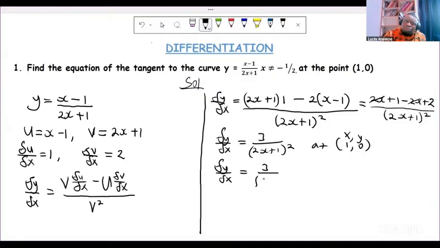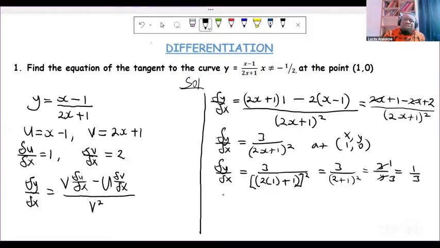So this becomes 2 times our x, which is 1, plus 1, all carrying a power of 2. So this is 3 over 2 times 1 is 2, then plus 1, squared. So this is 3 over 3 squared, which is 9. So 3 can go into 9 three times, so this is 1 over 3. So our dy/dx is 1 over 3.